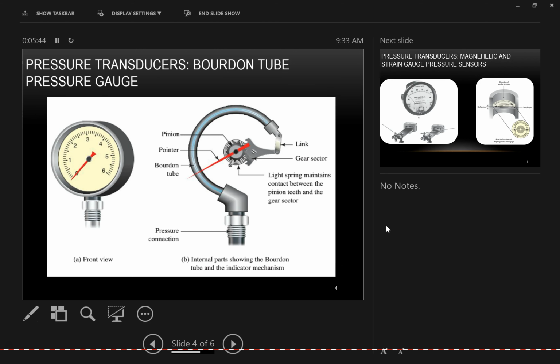You also have these types of what are called pressure transducers. What happens is this is a pipe and the fluid is in here, and depending on the pressure, it changes this location of the link, which therefore changes where this needle is. It's pretty cool, all right, how that works.